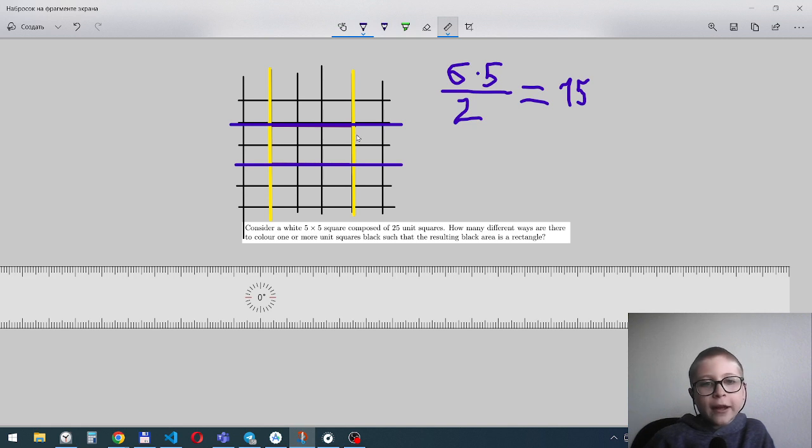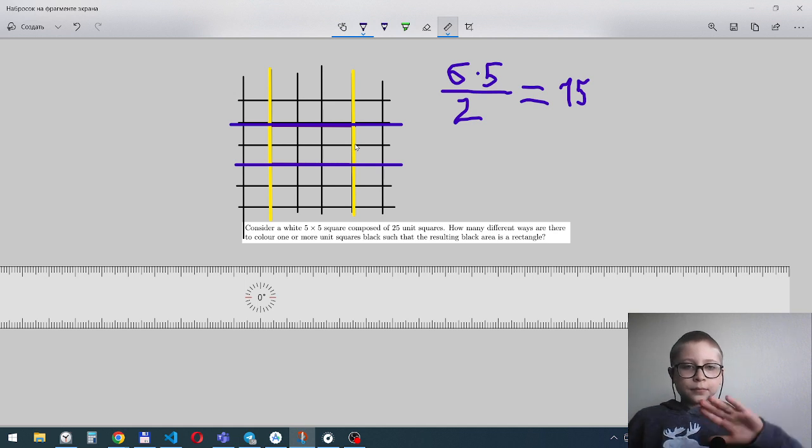How many ways are there to choose the yellow pair of lines? Correct, the same number, 15, because we can just rotate the whole thing and apply the same principles.